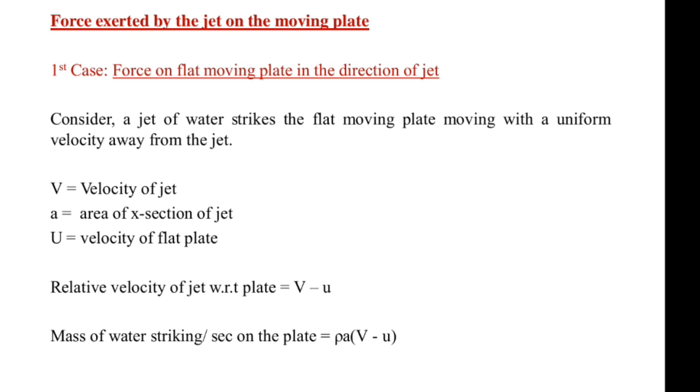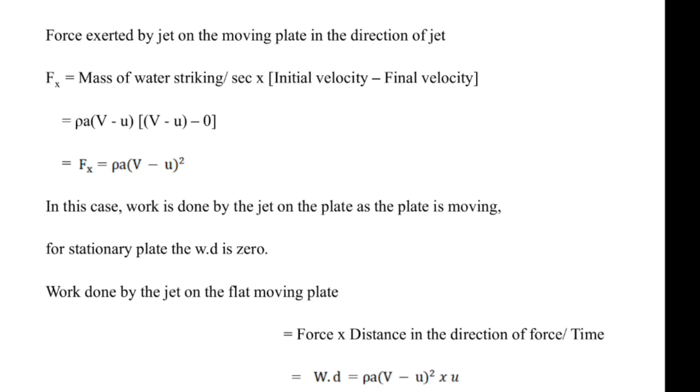Relative velocity of the jet with respect to the plate equals V minus U. Mass of water striking per second on the plate equals rho a in bracket V minus U. Force exerted by the jet on the moving plate in the direction of jet, Fx, equals mass of water striking per second multiplied by in bracket initial velocity minus final velocity.